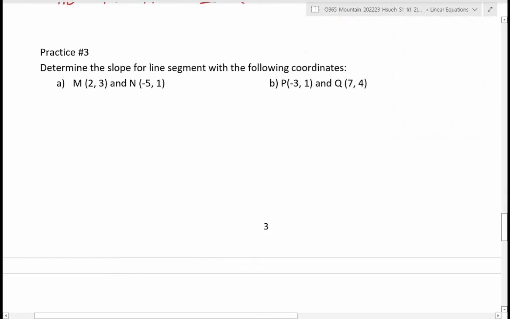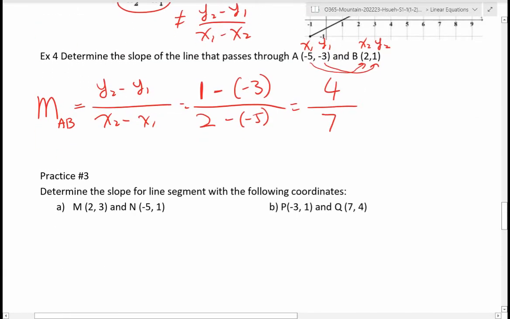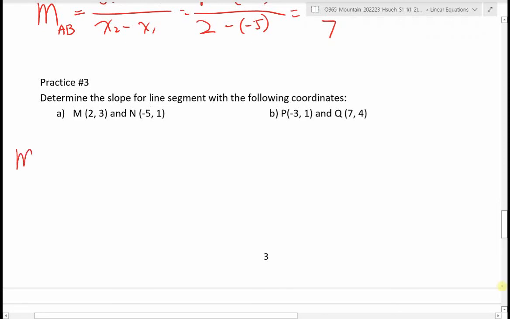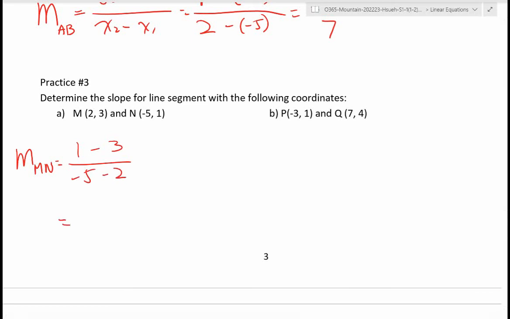There are two questions for you to try. Good luck. I'll leave the formula here so you can see. So the slope of MN is going to be (1 minus 3) over (-5 minus 2), which is -2 over -7, which then is positive 2 over 7.